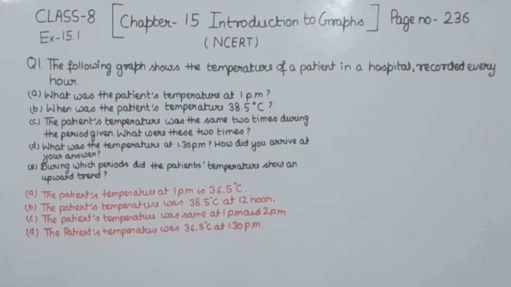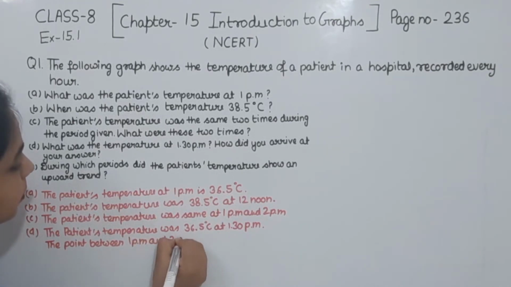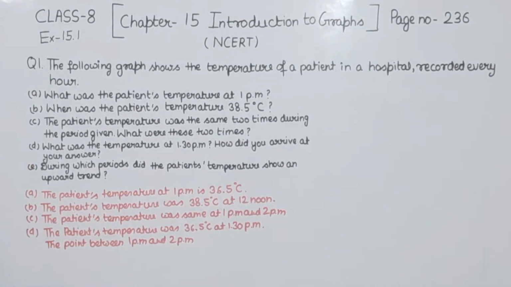So we're going to write here: we have to find the point between 1 p.m. and 2 p.m. representing 1:30.